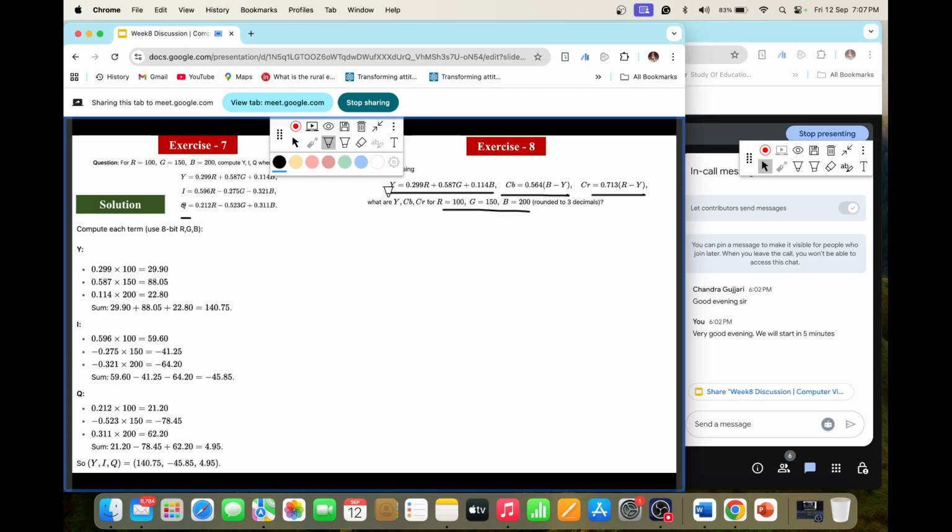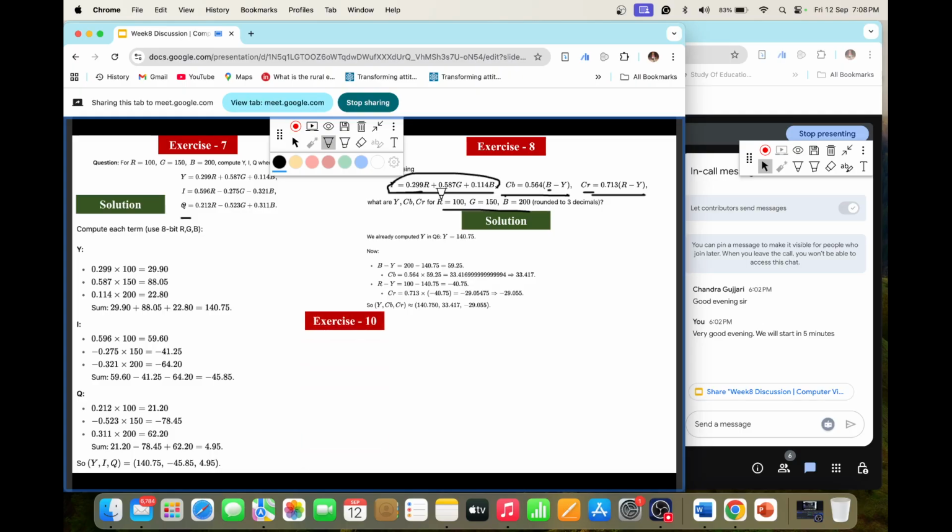So by this you can get the Y, just put it in and you get the Y. Cb you can calculate by this formula: you have this B, you have this Y, and from this formula you can get the Cb. Similarly you can get the Cr. R has already been given, and Y you have just calculated. So by that you can calculate the YCbCr values.